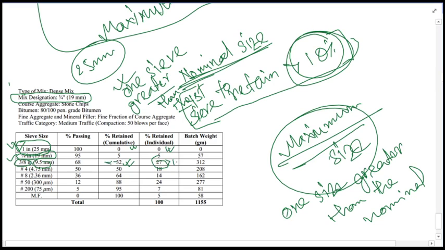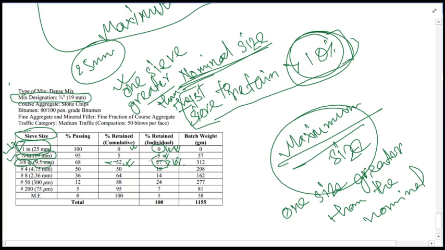This one is greater than 10%, so we treat this one as nominal and this one as maximum. So maximum will always retain 0, as we expect that in the maximum sieve size all the aggregates will pass, and we ignore the maximum sieve size in our calculation, taking 0 retained in maximum, and all other things will be similar like this.